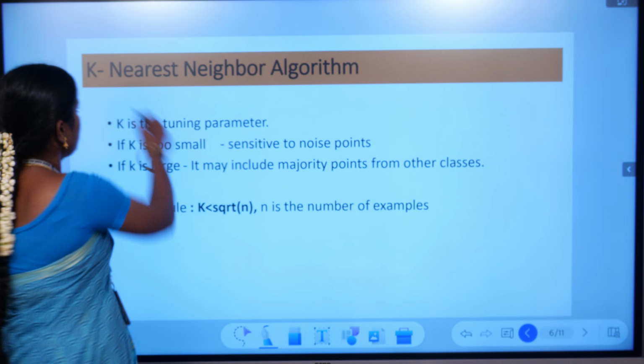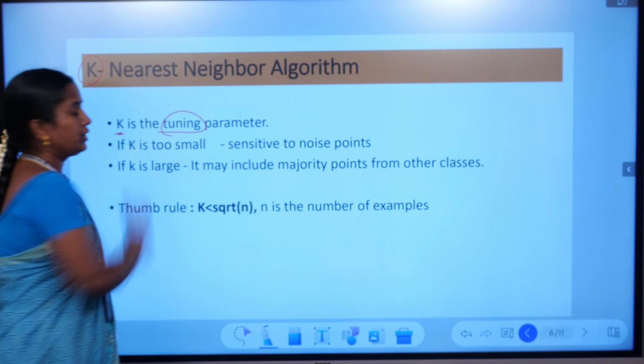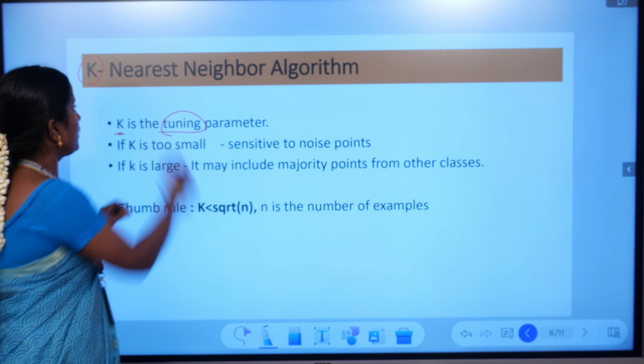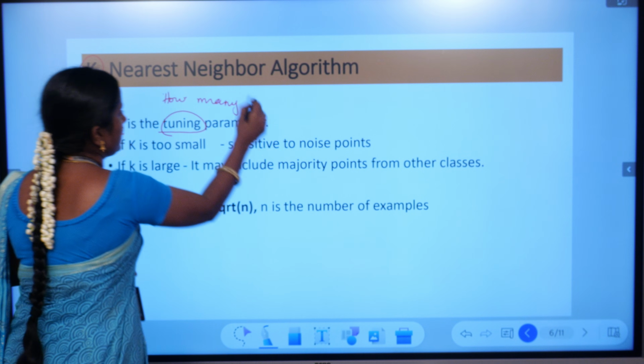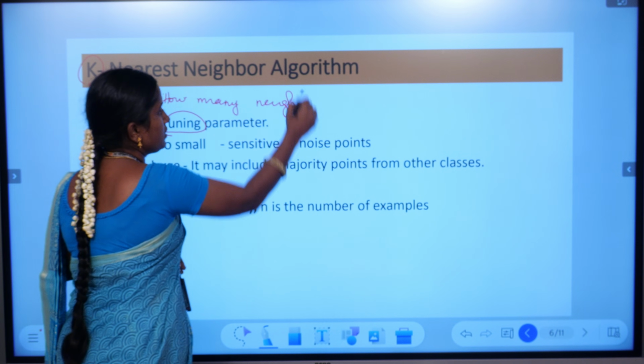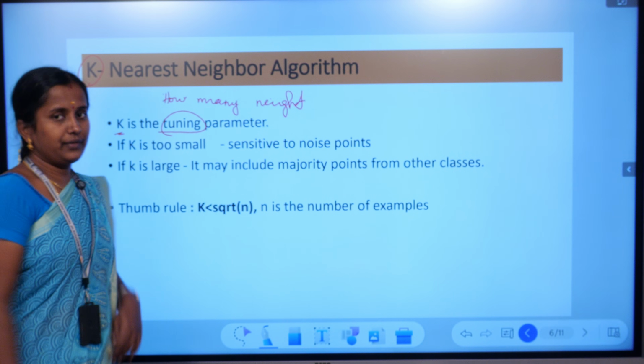Here, what is this K? This K is called the tuning parameter, which means we have to decide how many nearest neighbors to choose. In KNN this might be a difficult task.